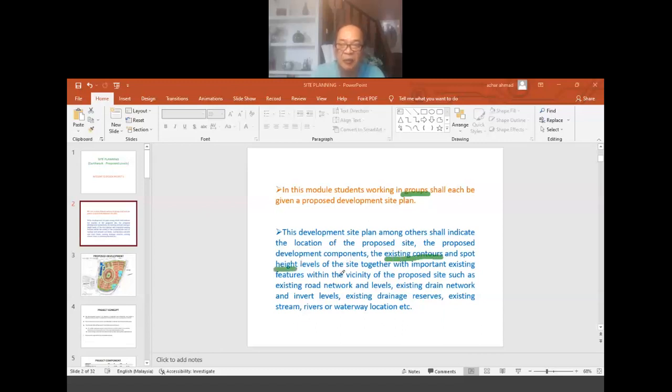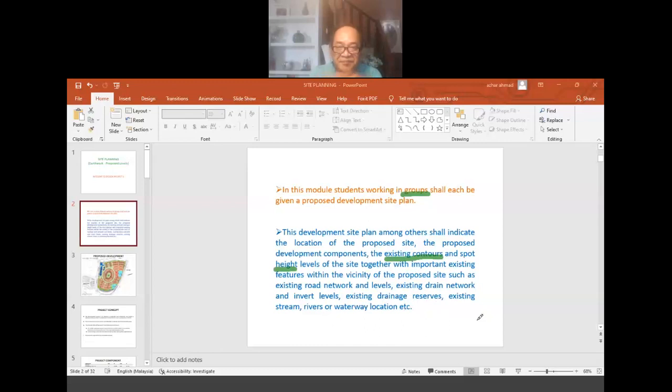These are the contour lines and the spot heights of the existing site, together with important existing features within the vicinity of the proposed site, such as existing road, existing drain and invert levels, existing drainage reserves, and also existing streams, rivers or waterways which may be indicated in the site.